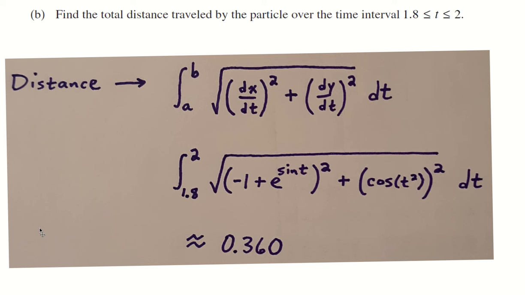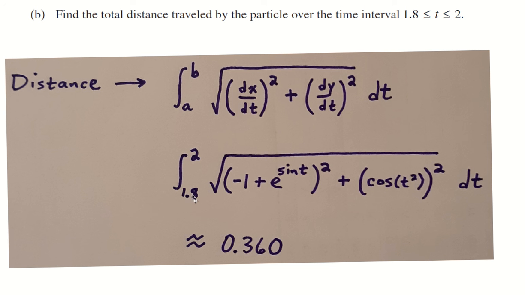You would take the integral from whenever to whenever of a giant square root of the velocity x component squared plus the y component of the velocity squared. And that's the formula.